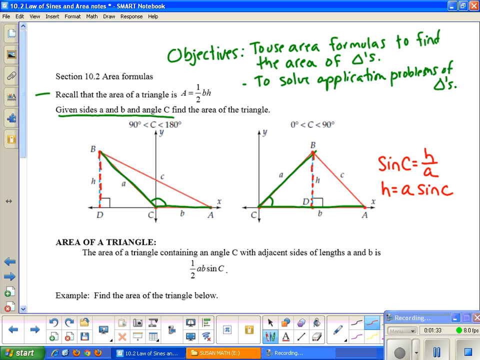My original equation is that the area is equal to 1/2 base times the height, and now we're saying the height is equal to A times the sine of C. I'm going to plug that into my equation.